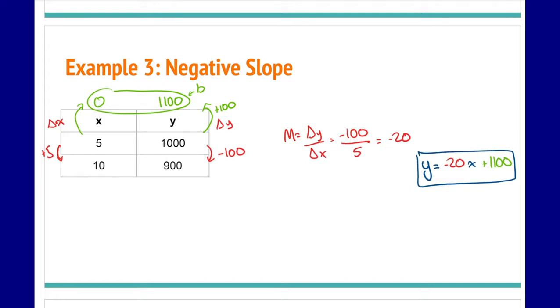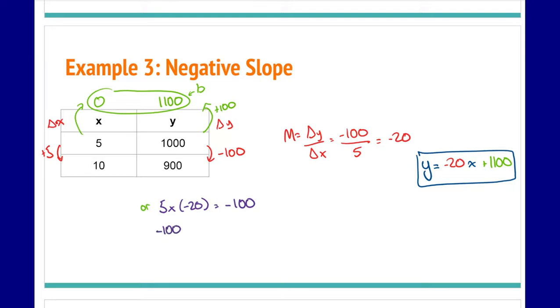Just as a secondary option, if you didn't recognize that pattern to find the b value, you could also take a value. So I'm going to take the x value, so 5. I'm going to multiply it by my multiplier, which is negative 20. That gives me negative 100.